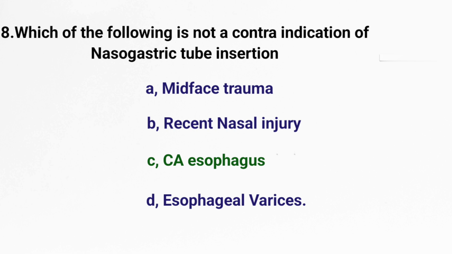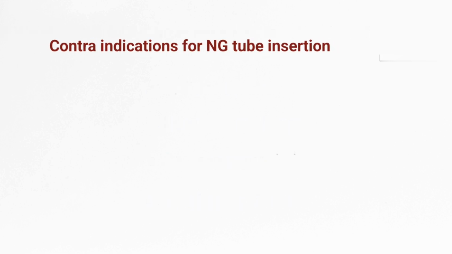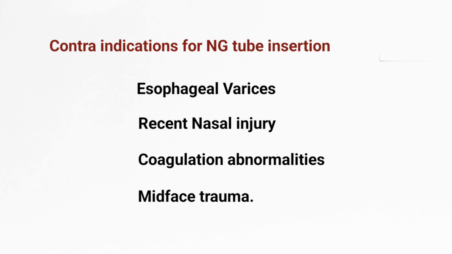In case of cancer esophagus, patient may suffer from dysphagia and it's an indication of NG tube insertion. Contraindications for NG tube insertion are esophageal varices, recent nasal injury, coagulation abnormalities, midface trauma.